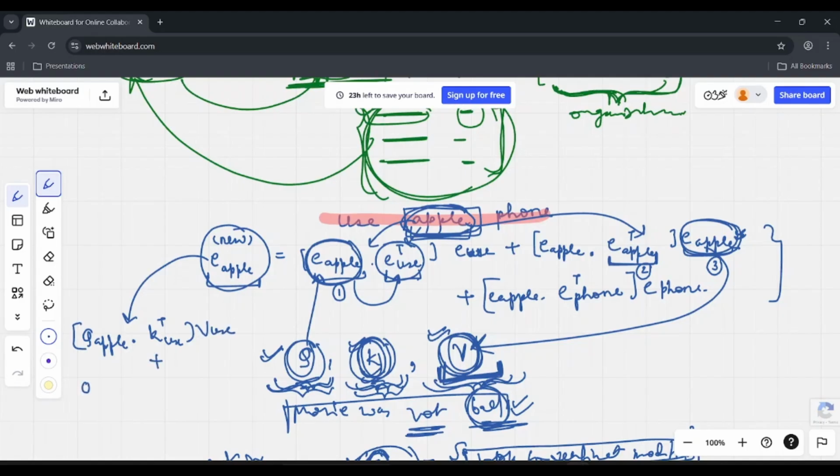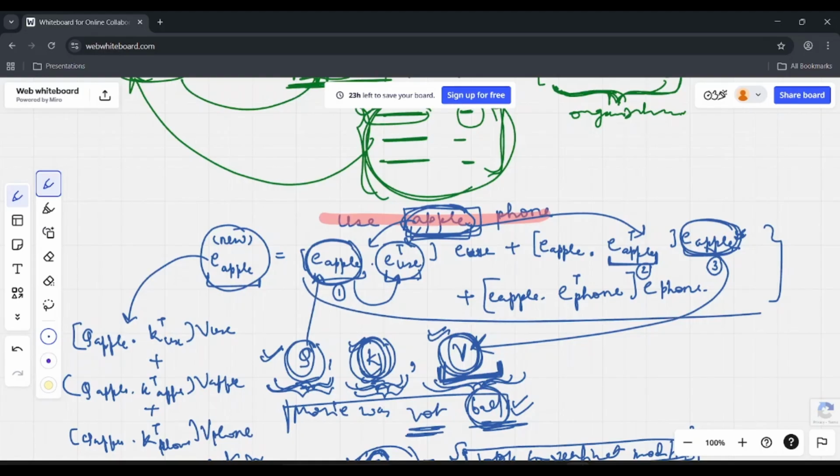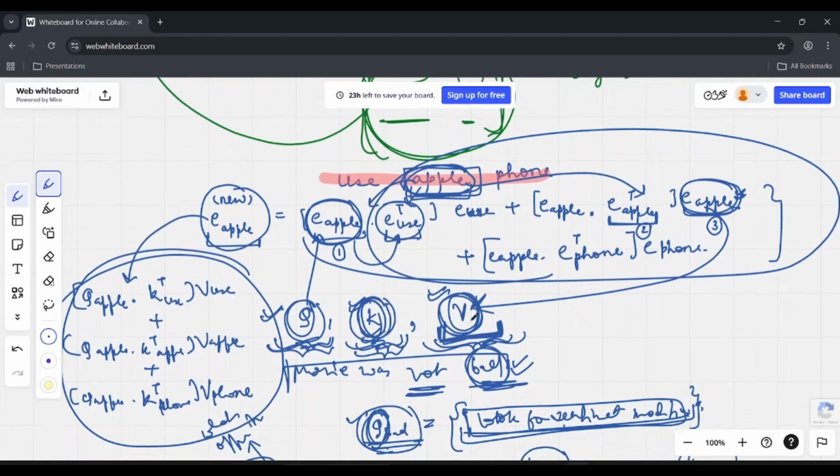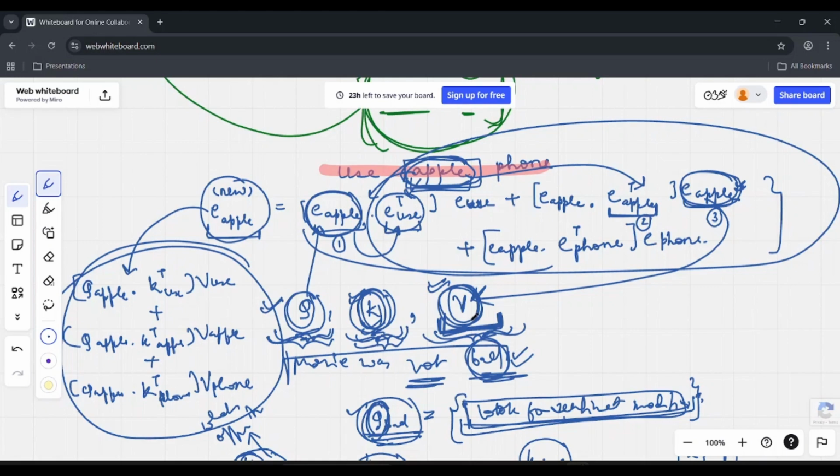Similarly, we will have the query vector of apple, the key vector of apple, then the value vector of apple, and the last one will be the query vector of apple, the key vector of phone, and here also the value vector of phone. So now instead of this, we have this. Now we have three different vectors for each of the tasks. For each task, we have one different vector.